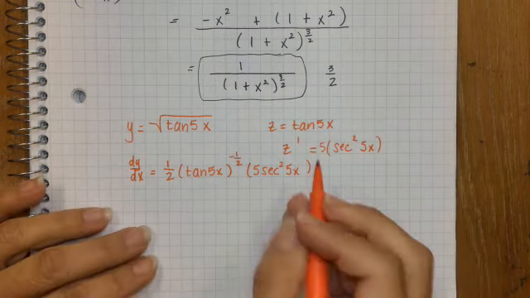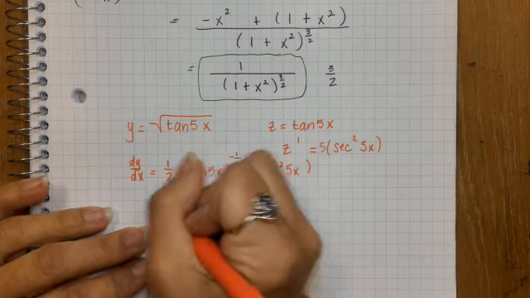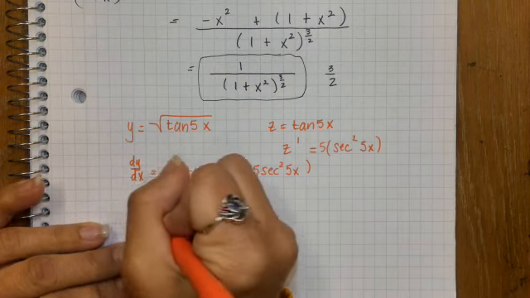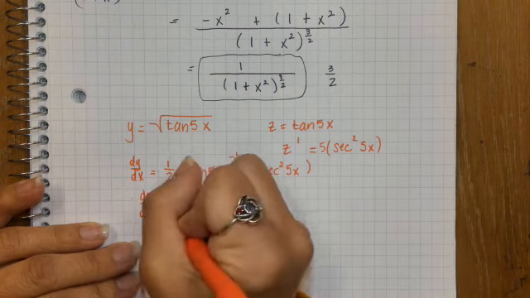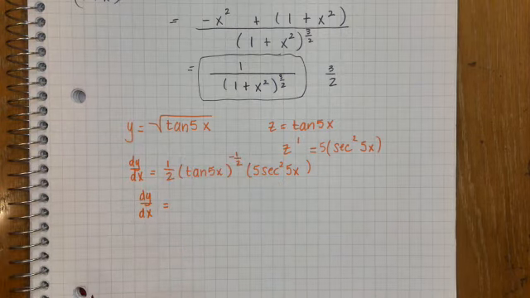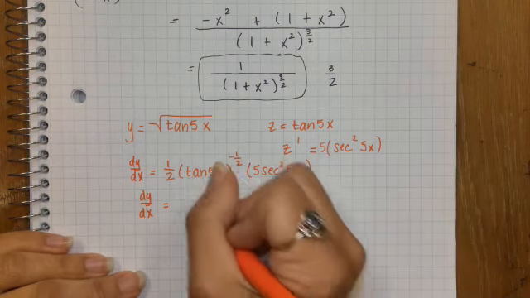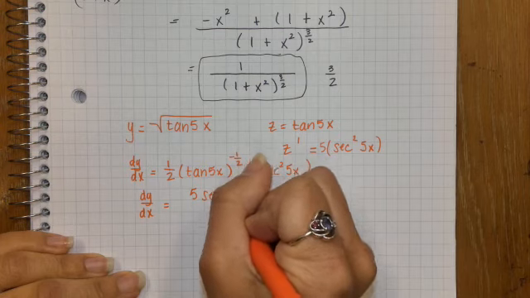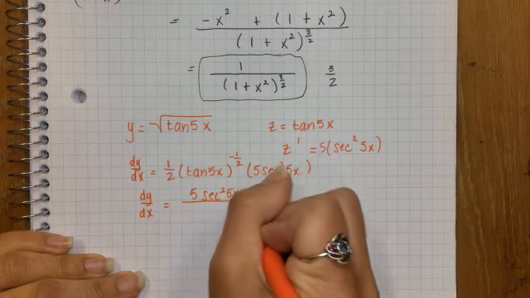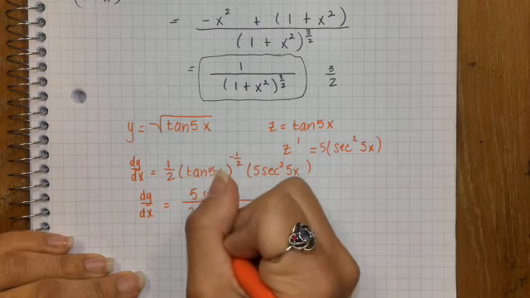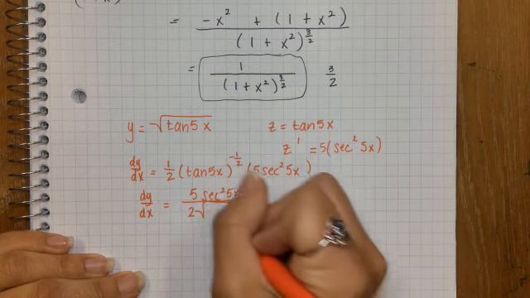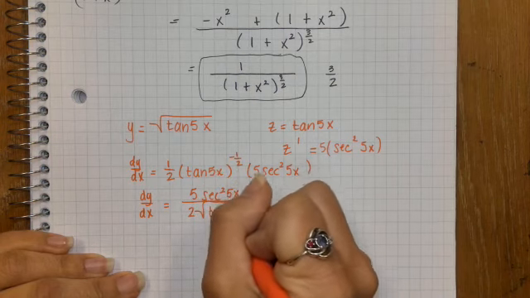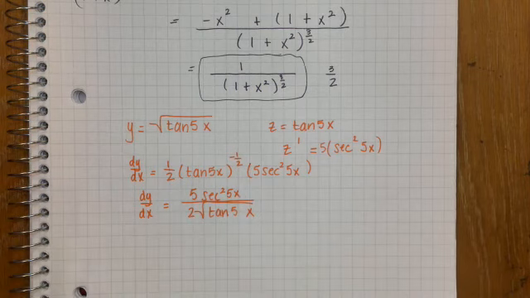So all in all, that's going to be 5. I don't want you to leave negative exponents. Don't be leaving negative exponents in your answer. So this is going to be 5 secant squared 5x all over 2 root tangent 5x.